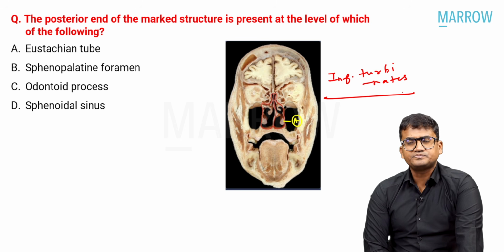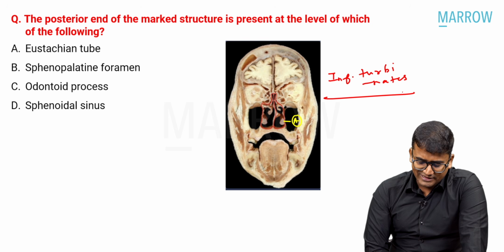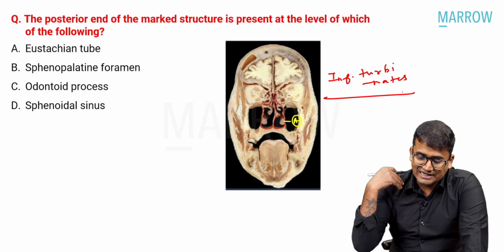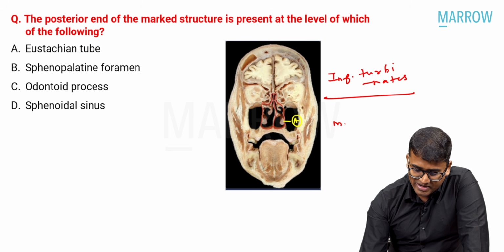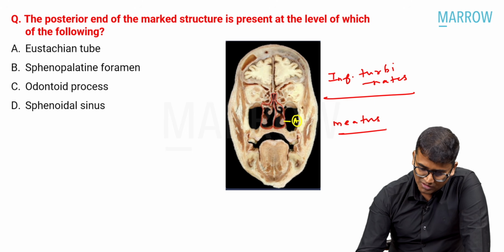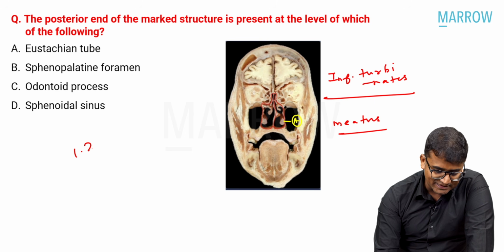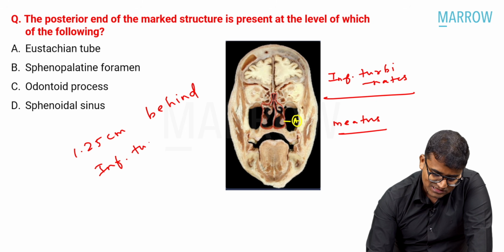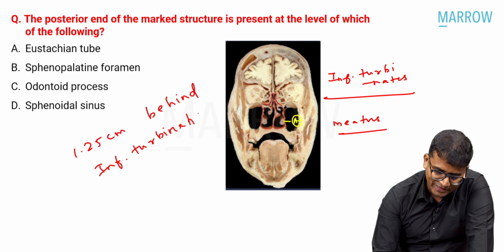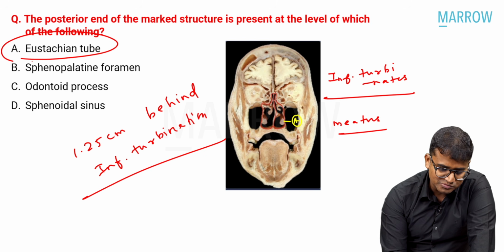Inferior turbinate. Now, on the lateral side of the turbinate, we have some spaces. Those spaces are called meatus. 1.25 centimeter behind the inferior turbinate, we have one opening. What opening? Eustachian tube.